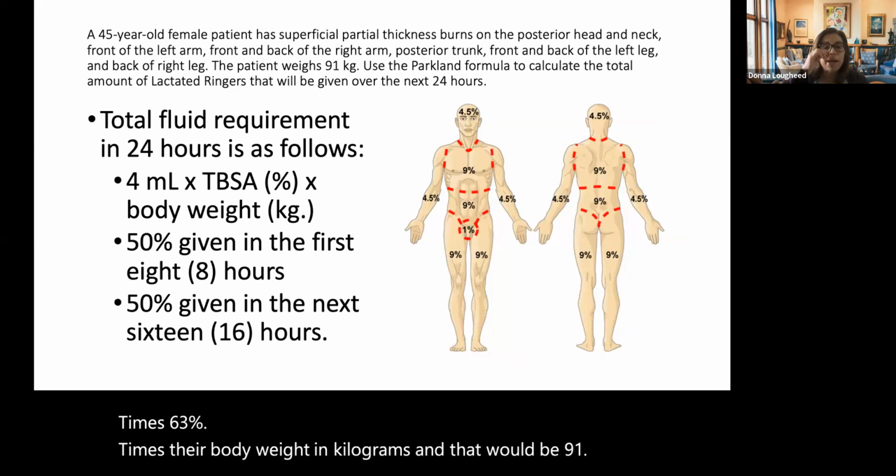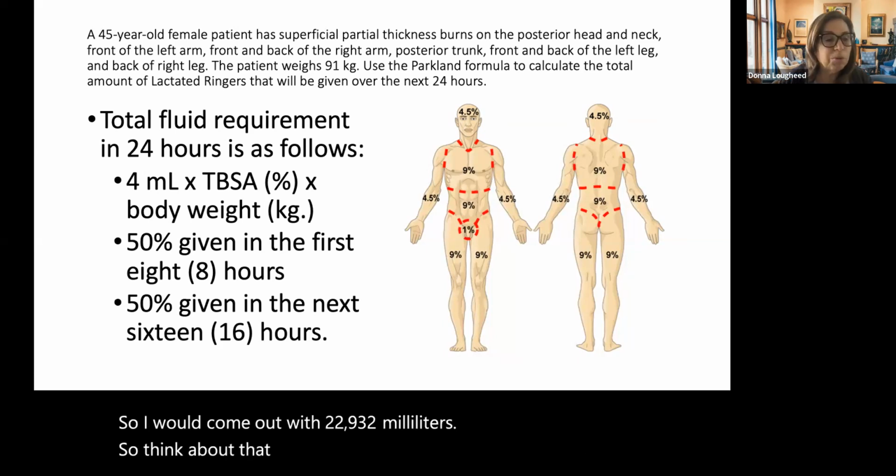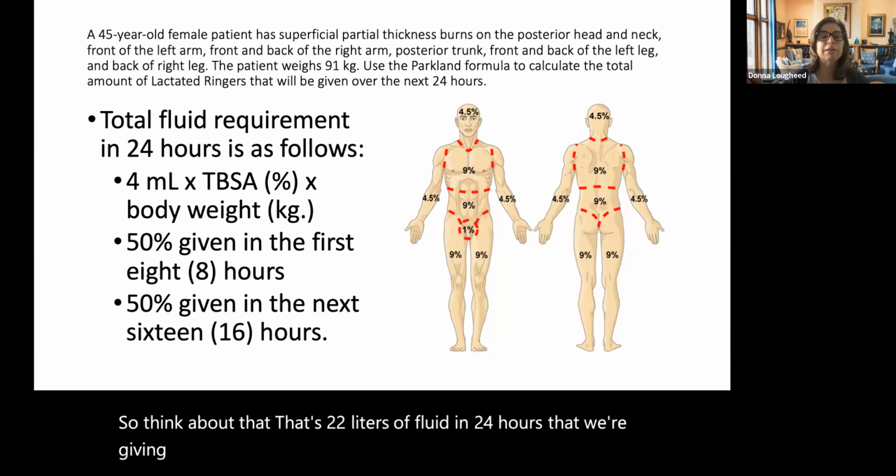So I would come out with 22,932 milliliters. So think about that. That's like 22 liters of fluid in 24 hours that we're giving this patient. That is a lot of fluid.